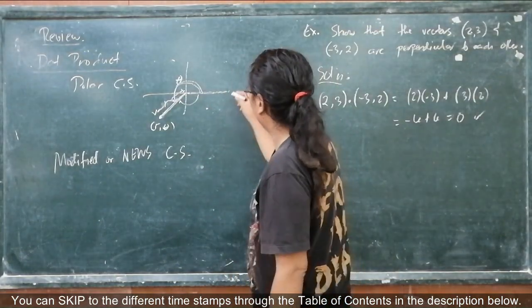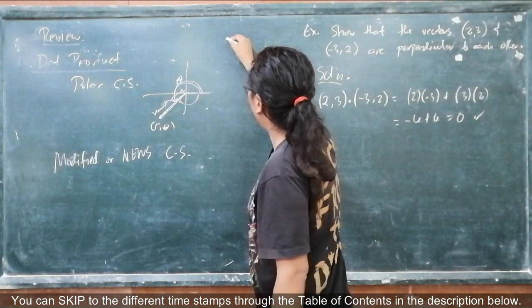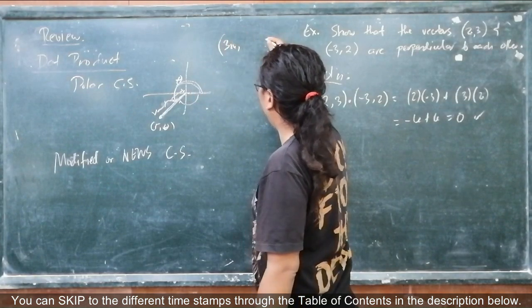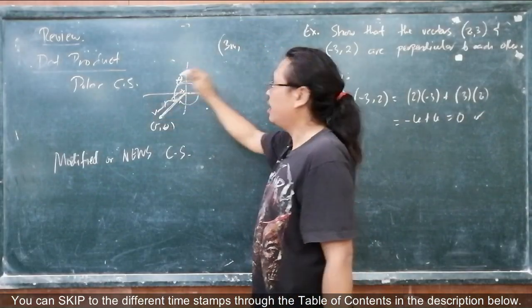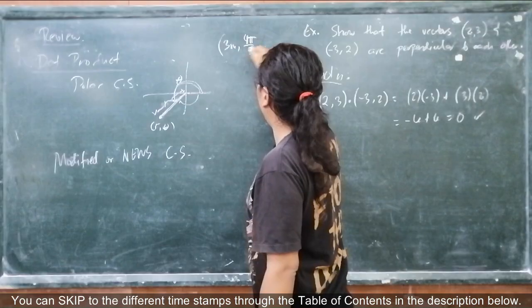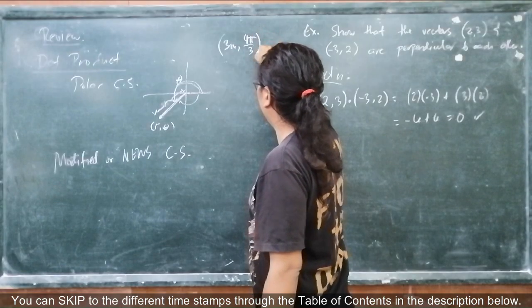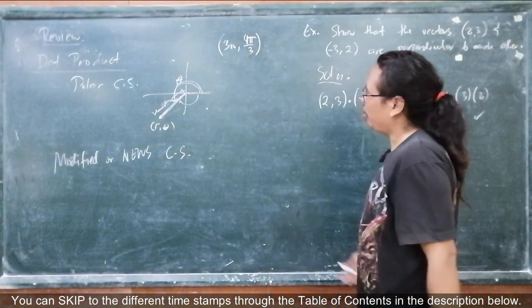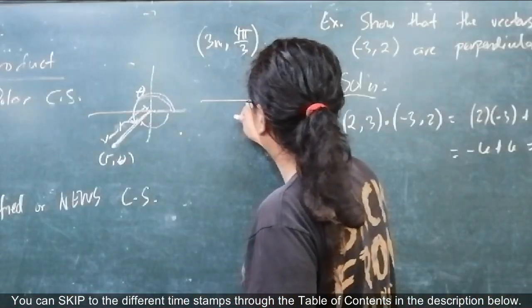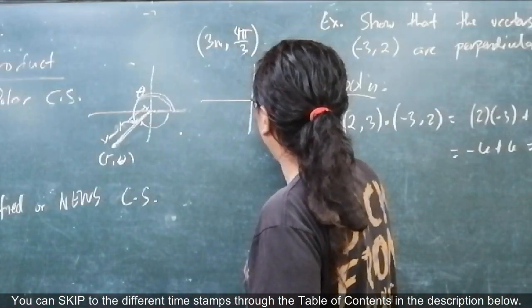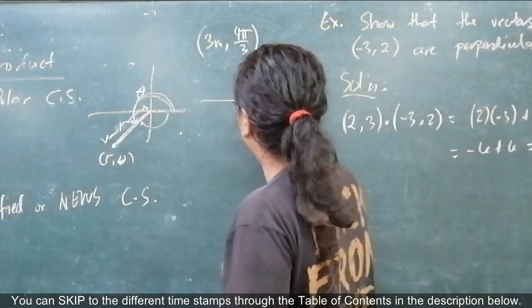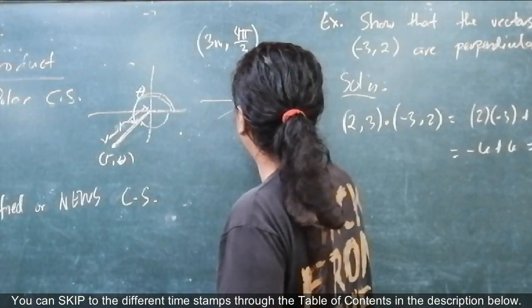For example, in the polar coordinate system, let's say you have 3 meters, 4 pi over 3. Well, what is this vector? That's actually 3 meters from the origin, and then the angle is 4 pi over 3. That's 4/3 pi. That's pi plus pi over 3, no?